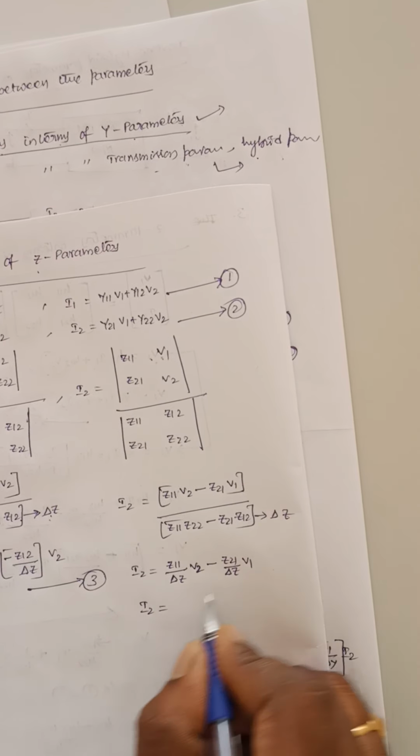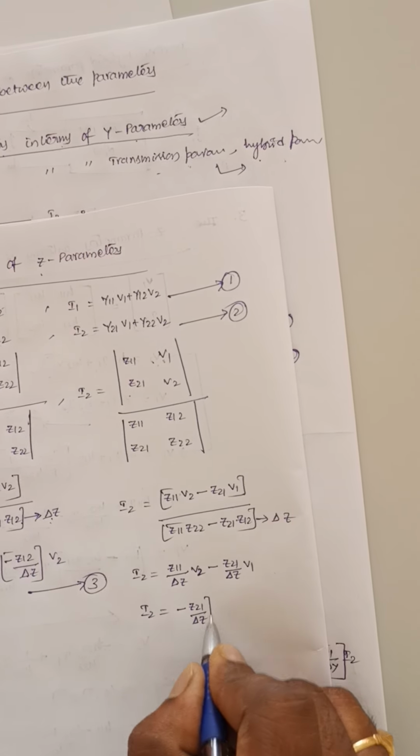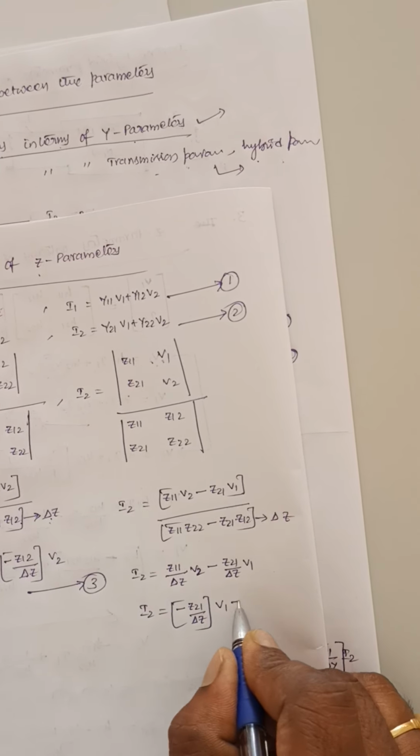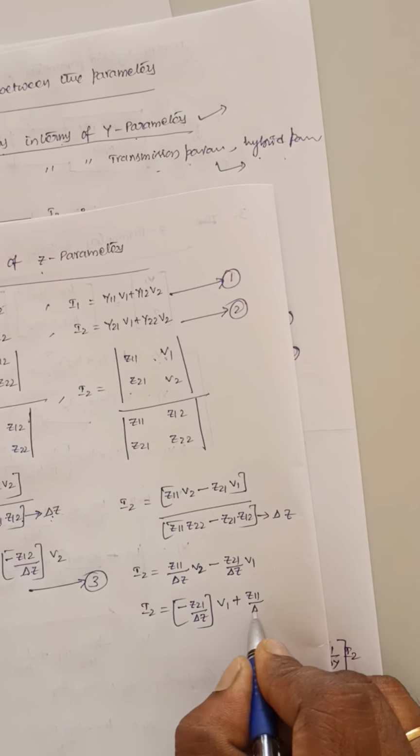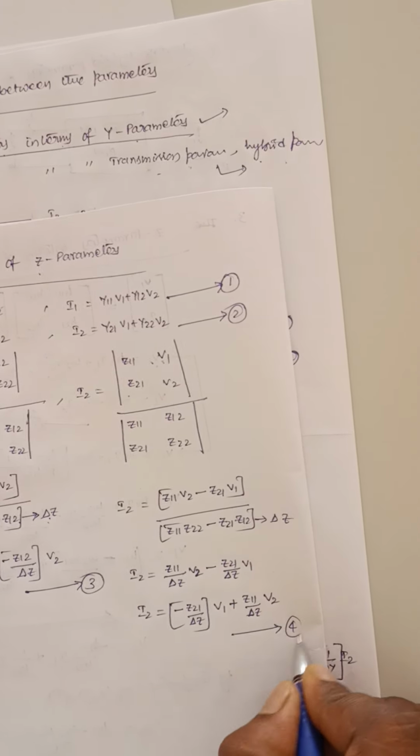First writing the V1 coefficient, I2 is equal to minus Z21 divided by delta Z into V1 plus Z11 divided by delta Z into V2. Let us call this equation number 4.